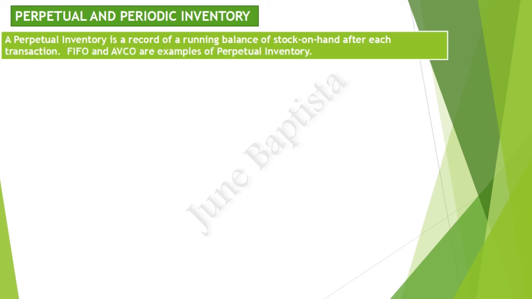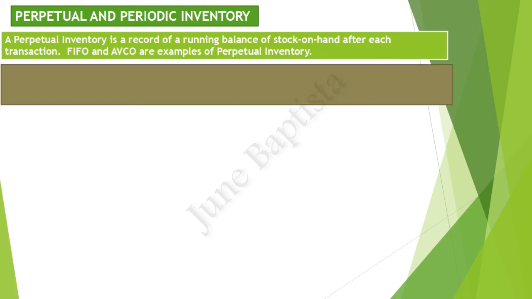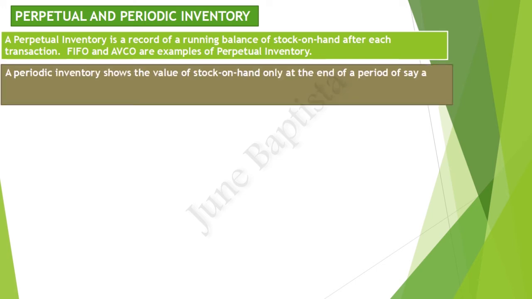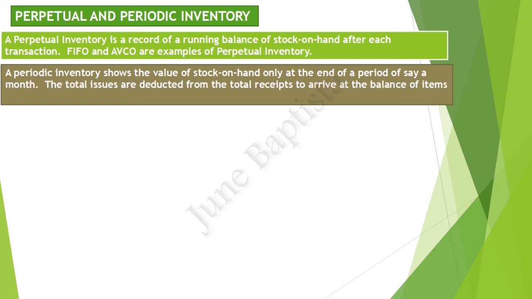FIFO and AVCO are examples of perpetual inventory. A periodic inventory, on the other hand, shows the value of stock or inventory on hand only at the end of a period of, say, a month. The total issues are deducted from the total receipts to arrive at the balance of items in stock.